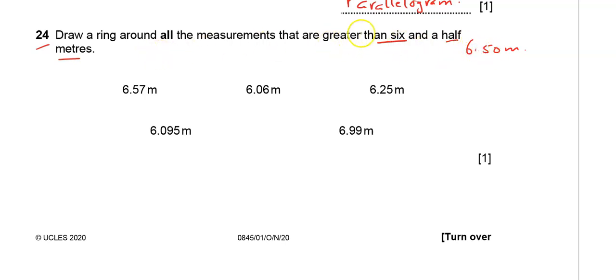So greater than could be 6.55, 6.6 meters. All these are greater than 6.5 meters. So you circle this; this is less than, this is less than, this is less than, this is greater than. So we only have 2 which are greater than 6.5 meters.